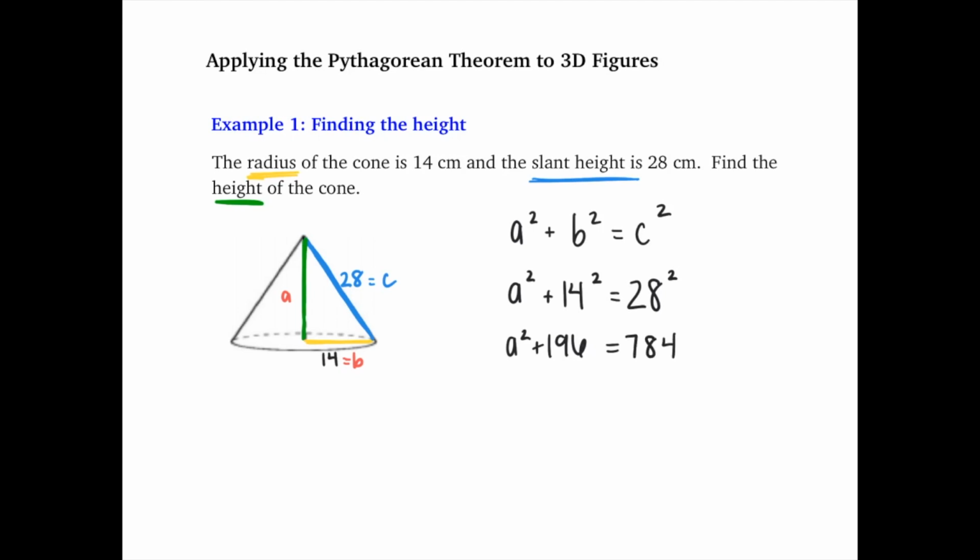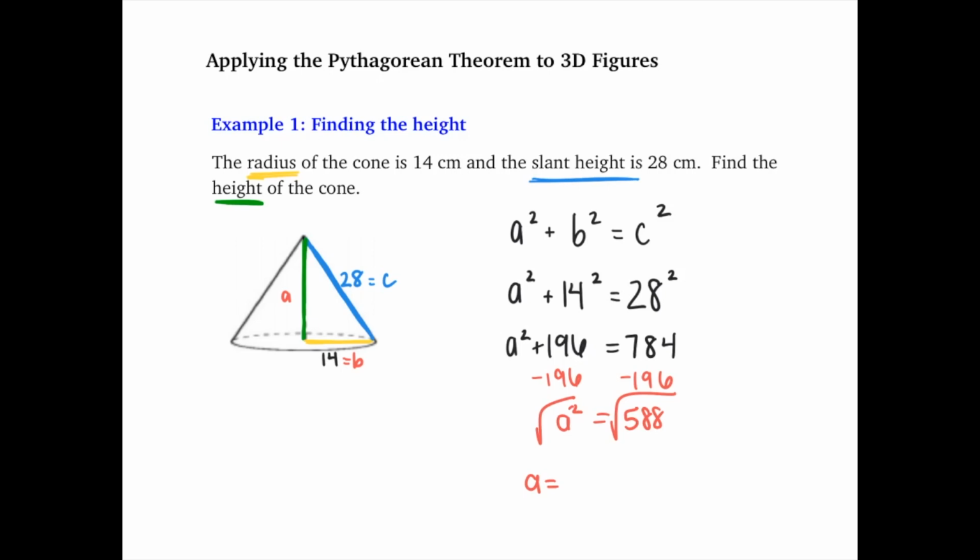To get a by itself, I first subtract 196 from each side. 784 minus 196 gives me 588. Remember, I'm not quite finished because that's a squared, and I need to get rid of the square, so the inverse is to take the square root. Let's see what that gives me. Not pretty.